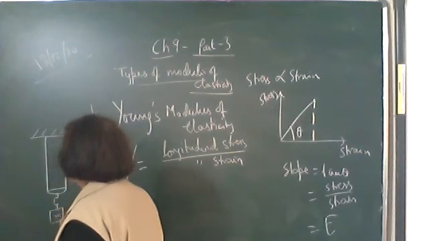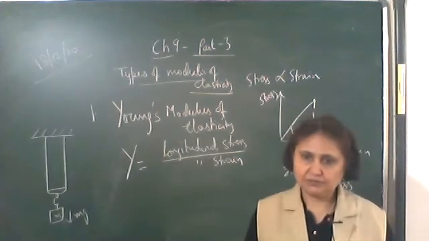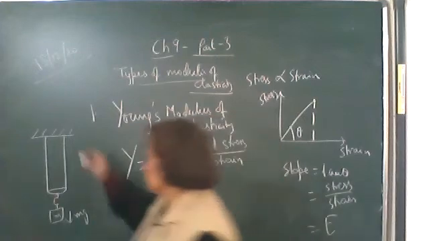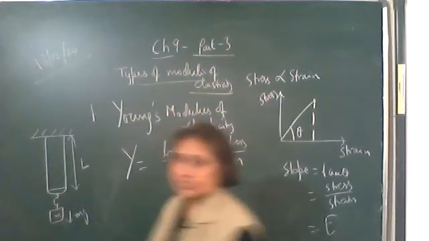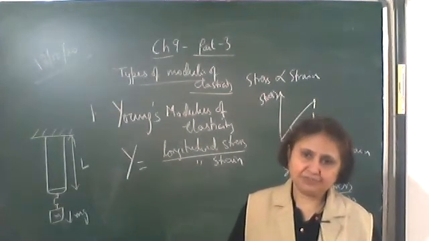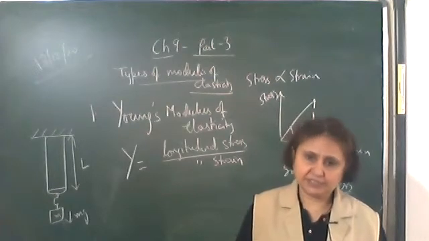If m is its mass, the weight is mg in the downward direction. Now let the original length of this wire be capital L. But when it is loaded by this weight mg, its length slightly increases.